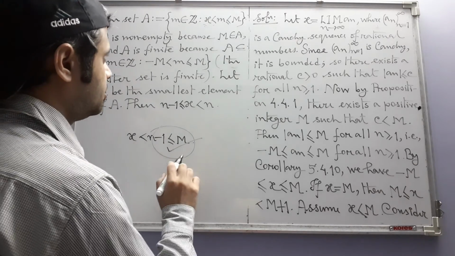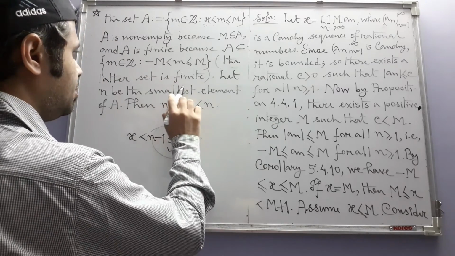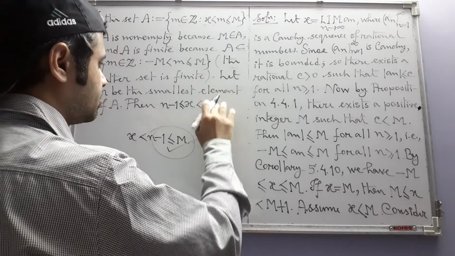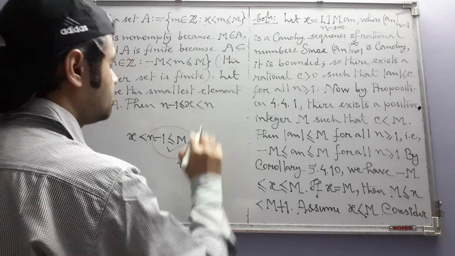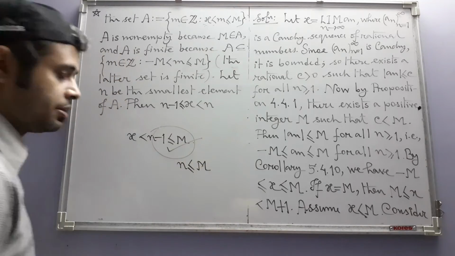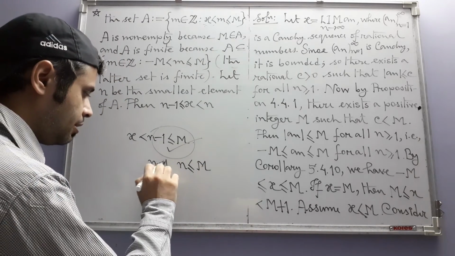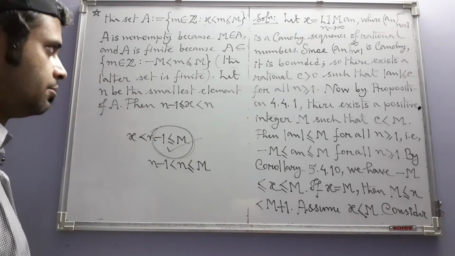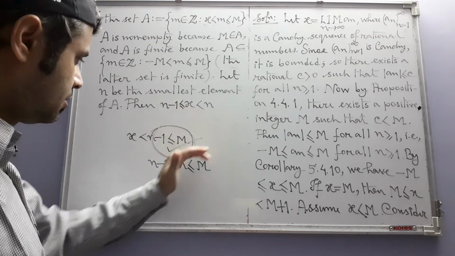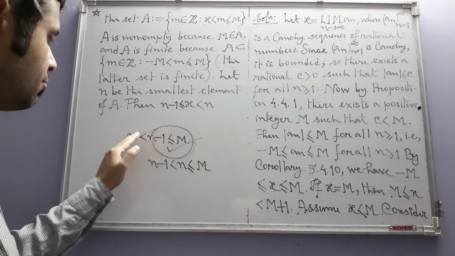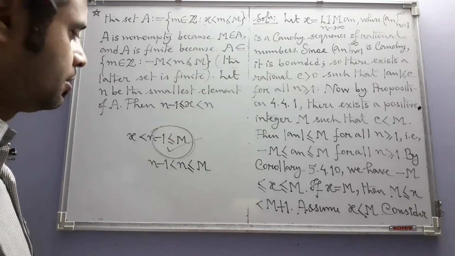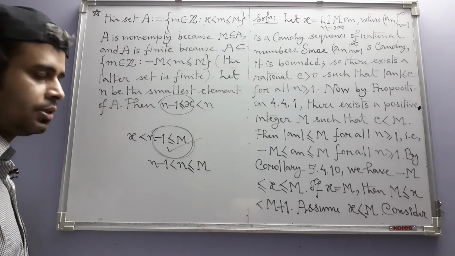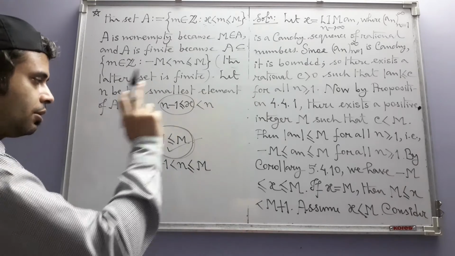Why? Because N, being the smallest element of A, is after all an element of A. So N is less than or equal to M, and we already know that N minus 1 is less than N. So this second inequality is true. For this set of inequalities to fail, the first inequality has to be false, and from that we are getting this part. Okay, now it is clear.